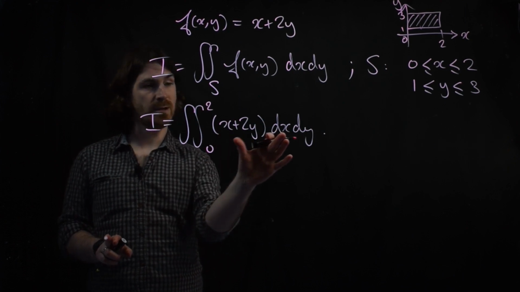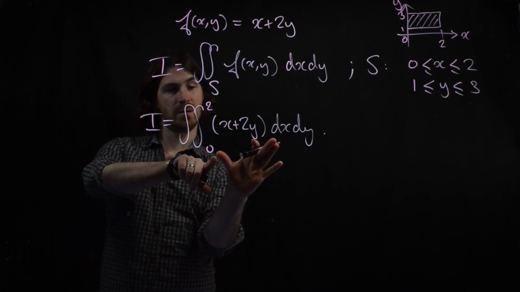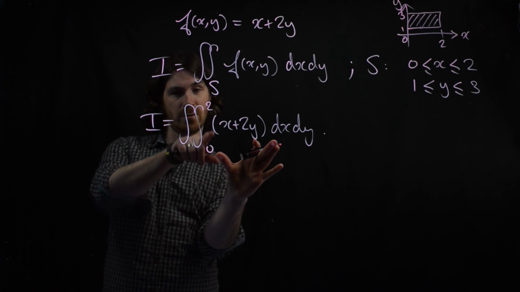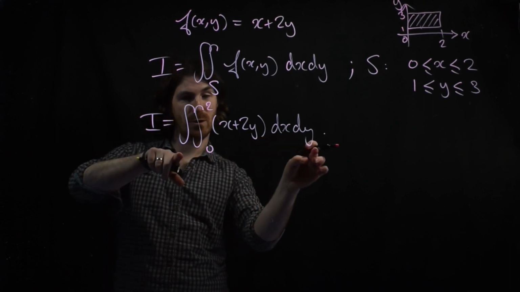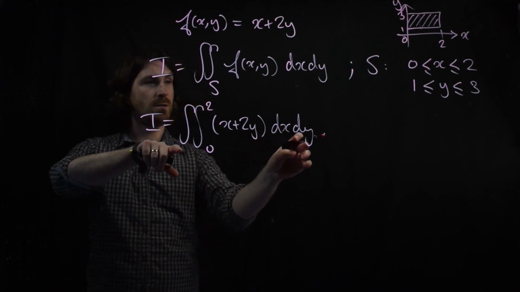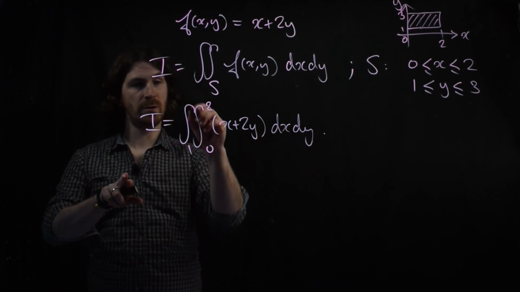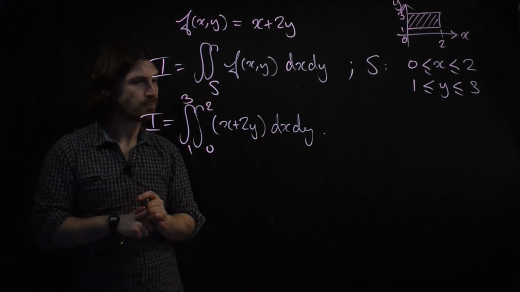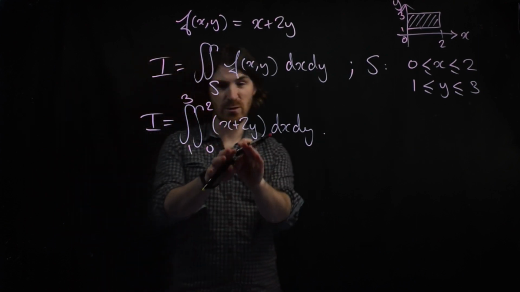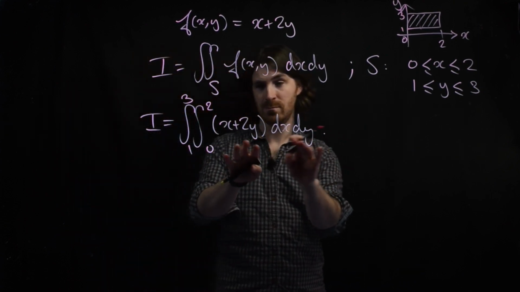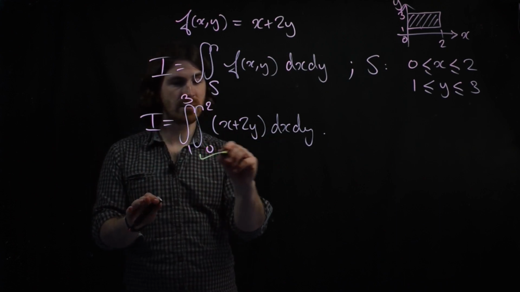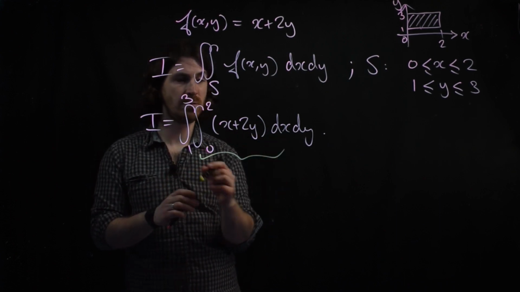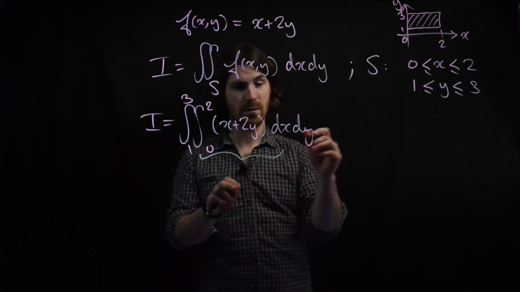So the integral of x is inside, so this first integral, the limits go with x, and then the outer ones go together. The limits of y are 1 and 3. And we just do this integral by first doing the integral with respect to x, holding y constant. We're going to do that first.